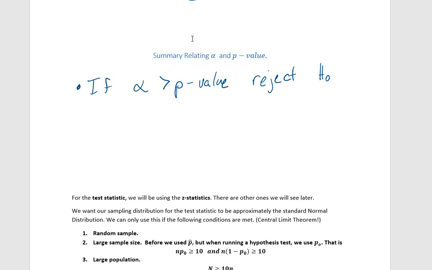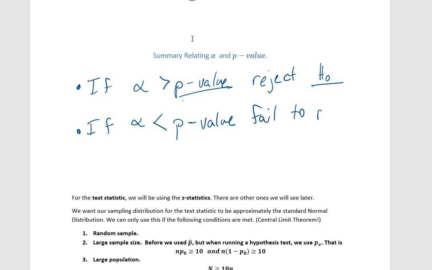There's a fun little rhyme to this: if P is low, reject H0. On the other side, if alpha is less than our p-value, so if we have a high p-value, that means the probability we make a mistake is greater than what we're comfortable with. So that means that we fail to reject.